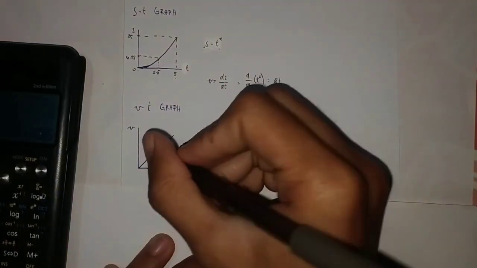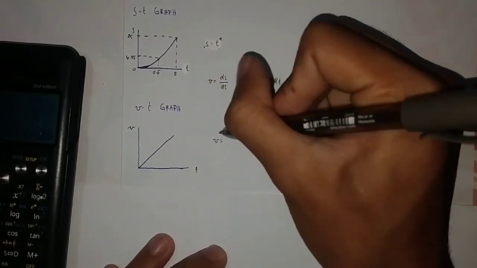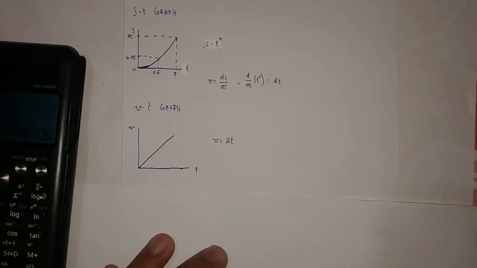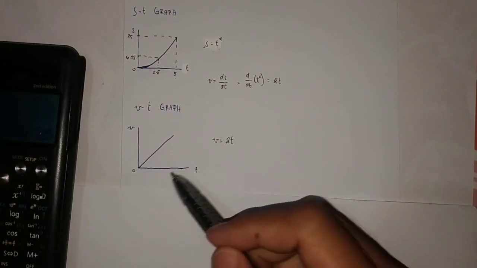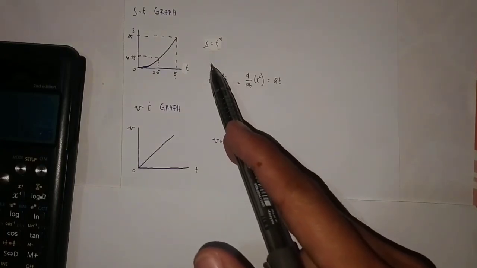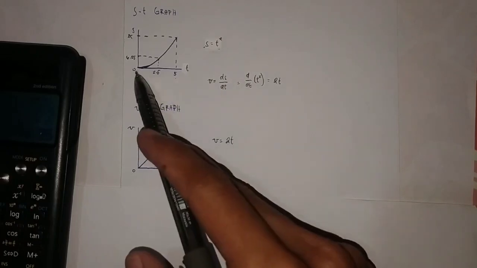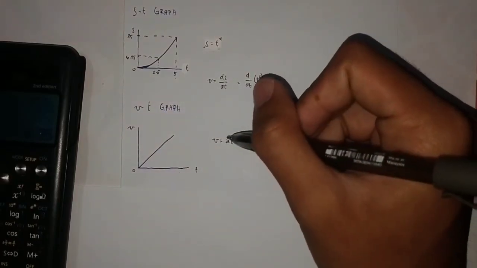Therefore, this equation equals V equals 2t. So let's say you start from rest, or you just substitute the value of time. 0 times 2 is just 0, so it's given that your initial velocity is 0, as well as in your displacement. If you substitute the value of 0 at 0 time, your displacement is 0.